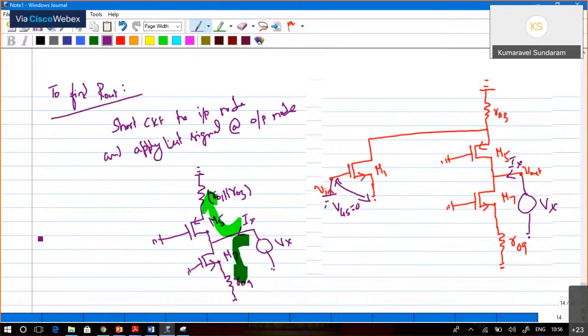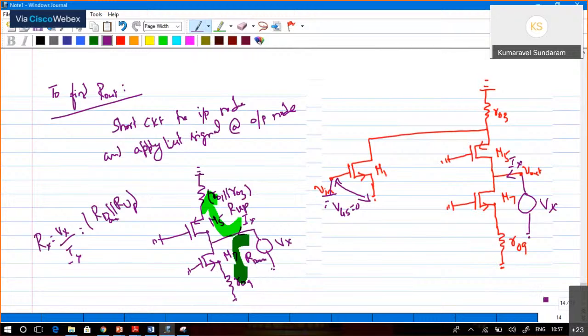Okay. So Rx equal to Vx by Ix, which is R down parallel R up. Okay, this is R up and R down. Both are symmetrical in nature. Only thing, here is an NMOS transistor, here a PMOS device.